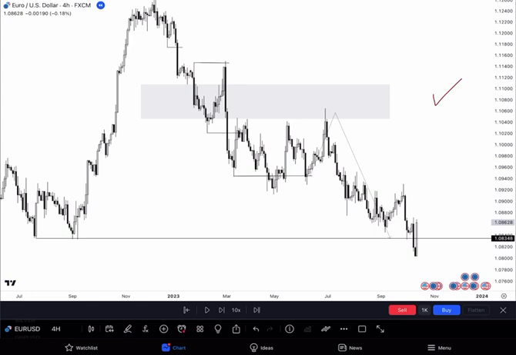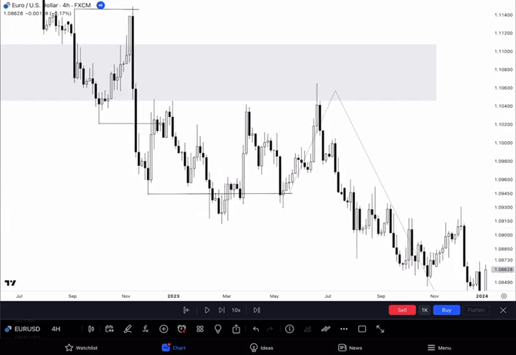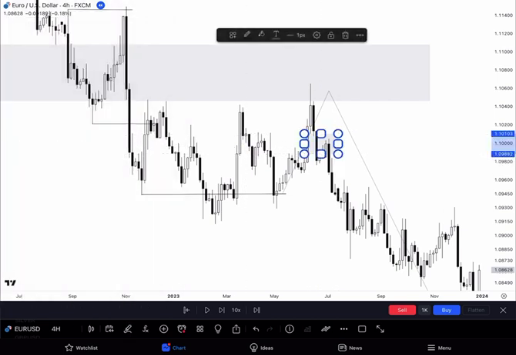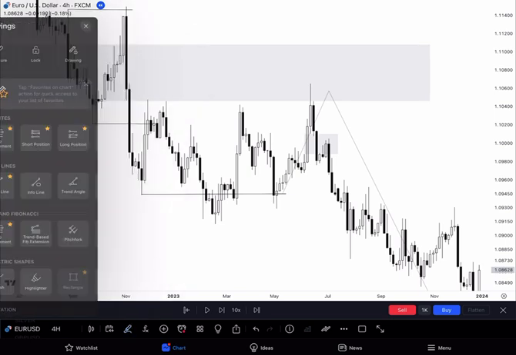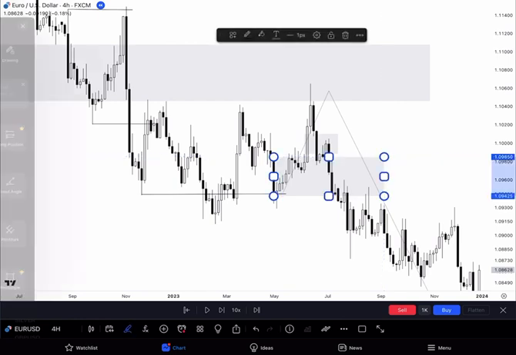Now, if you miss the top, you offer multiple entries by probing the order flow again, disrespecting the 4 hour bullish FVG over here, inversion, right? You got the breaker here. You got the order block, right?